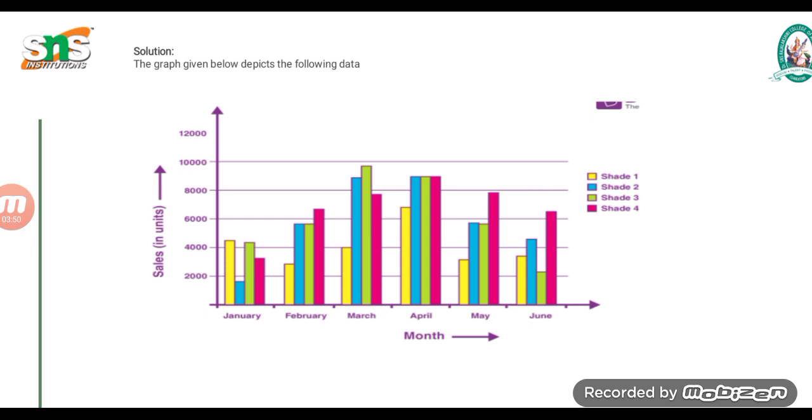I have represented months on the x-axis and sales on the y-axis. So January consists of 4 bars, and similarly up to June. These are said to be a multiple bar diagram, which represents a single month but has multiple data.